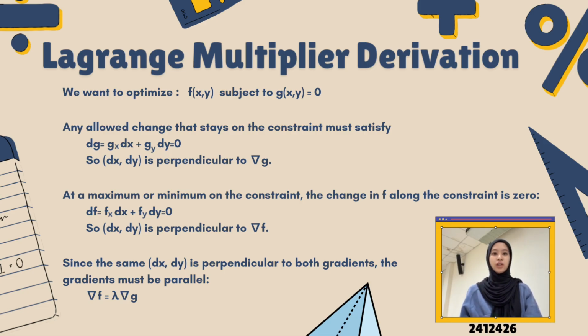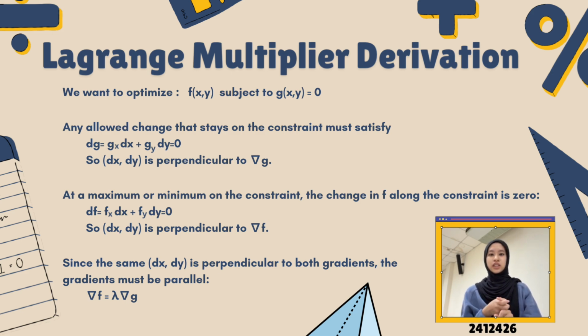For example, we want to optimize the function f subject to function g equal to 0. The first condition is the constraint condition: any allowed change that stays on the constraint must satisfy dg equal to g_x dx plus g_y dy equal to 0. So we can say that (dx, dy) is perpendicular to the gradient of g.